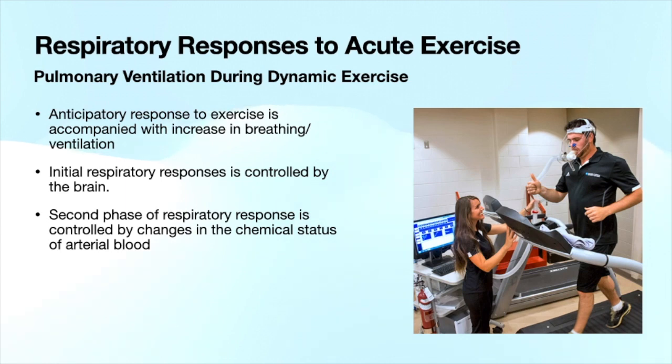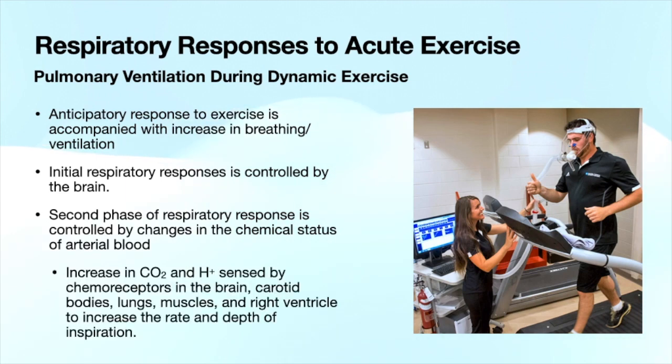If our system senses that there is an increase in carbon dioxide and hydrogen ions in our arterial blood, this is sensed by the chemoreceptors in our brain, carotid bodies, lungs, muscles, and right ventricle. They will signal an increase in the rate and depth of inspiration.